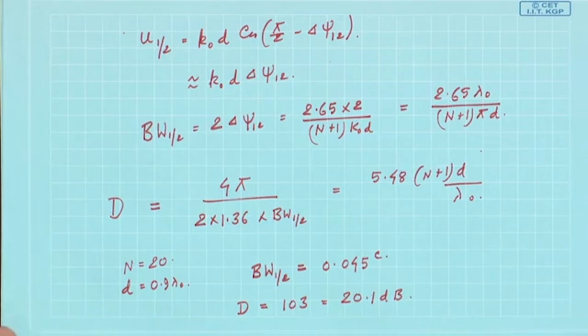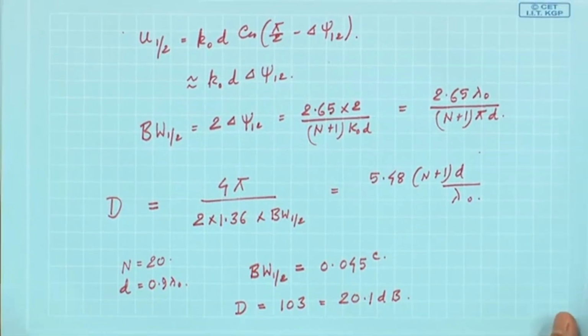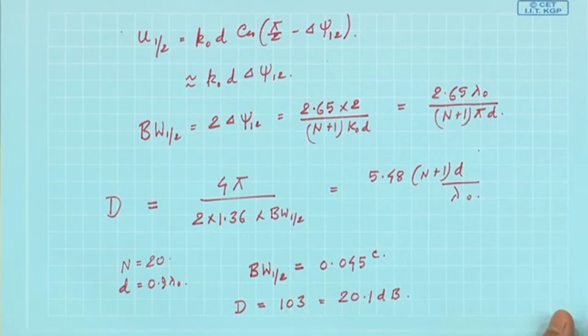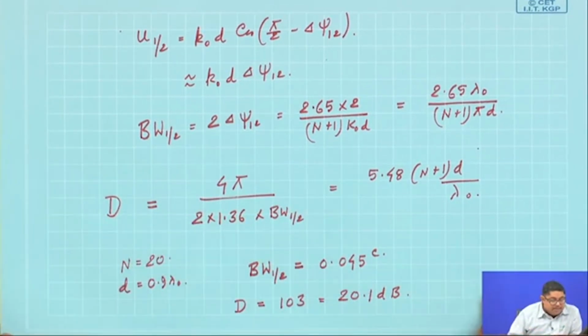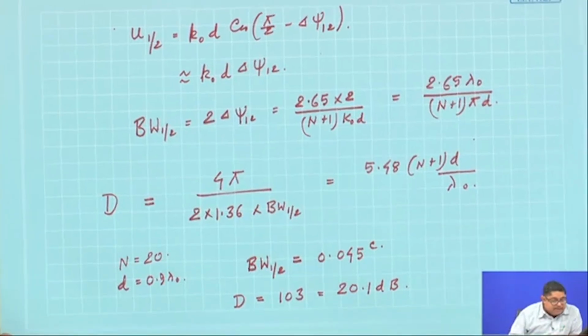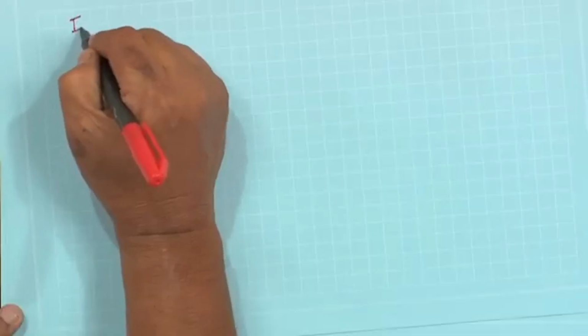So, we can compare that if the array elements are isotropic radiators instead of half wave dipoles, then the pattern will be a circle about the array axis. So, what will happen if instead of dipole I give isotropic radiators?